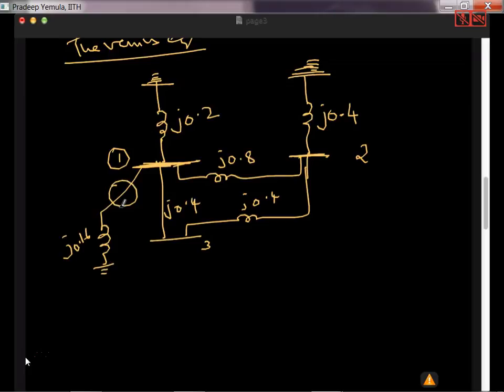So here I'll introduce a VTH, plus sign here, minus sign here. This VTH is nothing but 1.0 per unit, that is post fault.